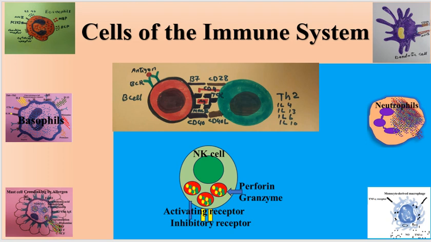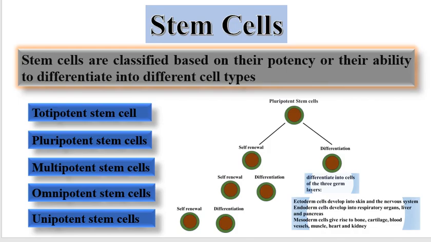In this lecture, I will be talking on cells of the immune system. All body cells, including cells of the immune system, come from stem cells, and stem cells are classified based on their potency or their ability to differentiate into different cell types.